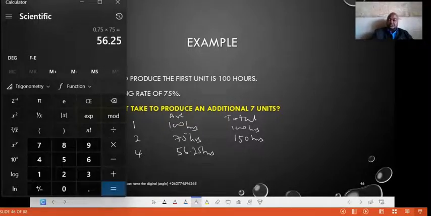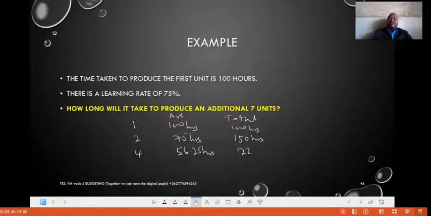And when we multiply that to get the total, how much do we get? Multiply by 4. That's 225 hours. What about when it becomes 8?